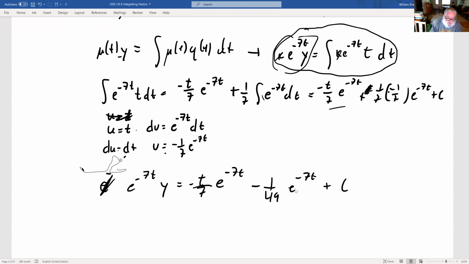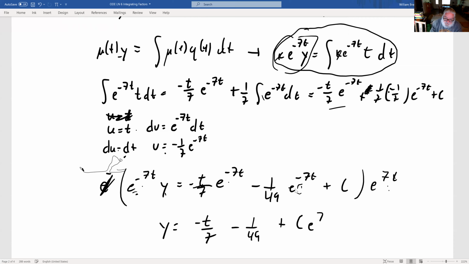Multiply both sides by e to the 7t to clear out this term so that I just have a y. The e to the 7t cancels that, and cancels this, so I've got a minus t over 7 here. The e to the 7t cancels out this e to the minus 7t, so I have a minus 1 over 49 plus c e to the 7t.